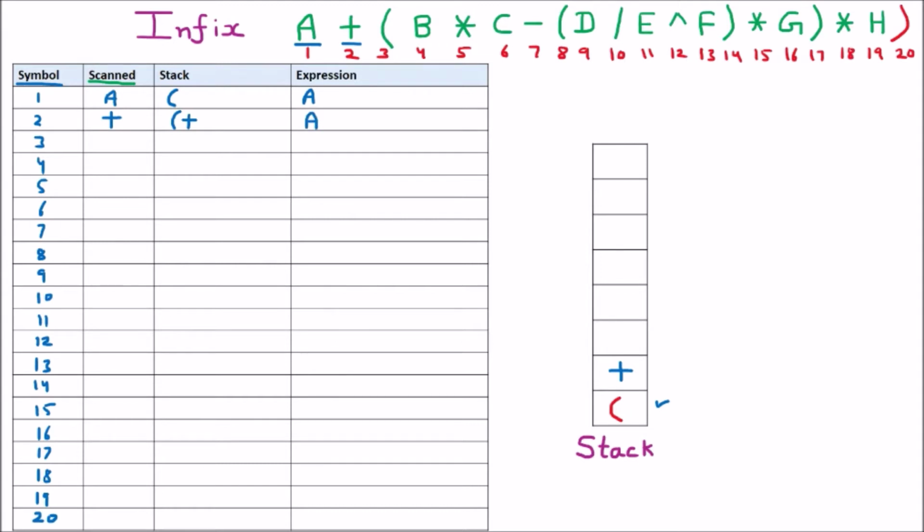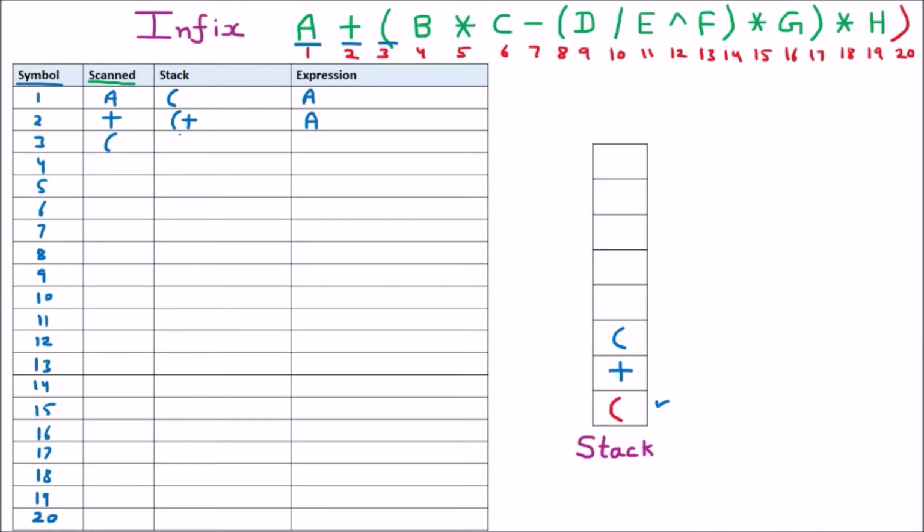Afterward, having scanned the second symbol, we scan the third symbol, which is the starting bracket. Now the symbol scanned is a starting bracket, and whenever we have a starting bracket, we have to push it onto the stack. So here we have pushed it.